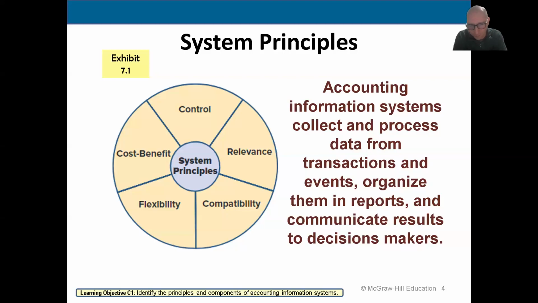Gone are the days of the paper and the pen, right, to track our revenue and expenses. We use software like QuickBooks, Oracle, Sage 50, FreshBooks, you name it. There are so many different softwares now that help us with our accounting.